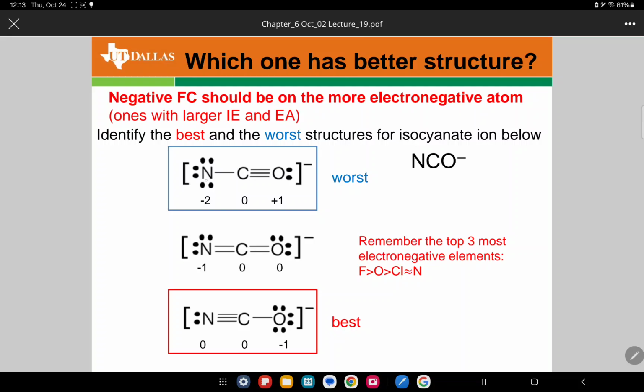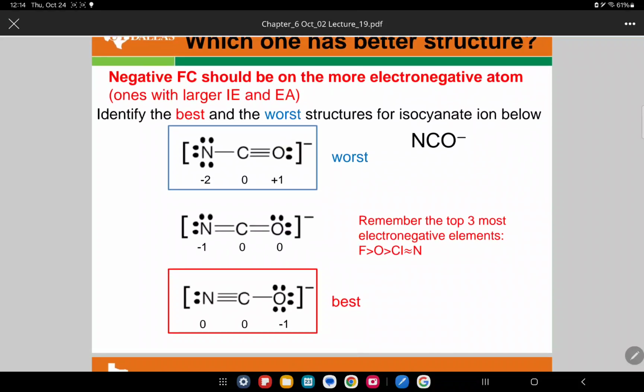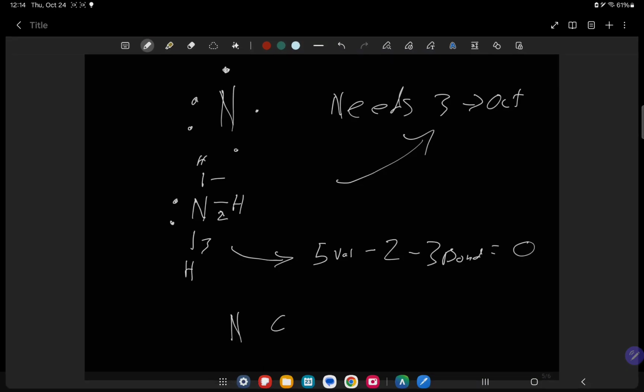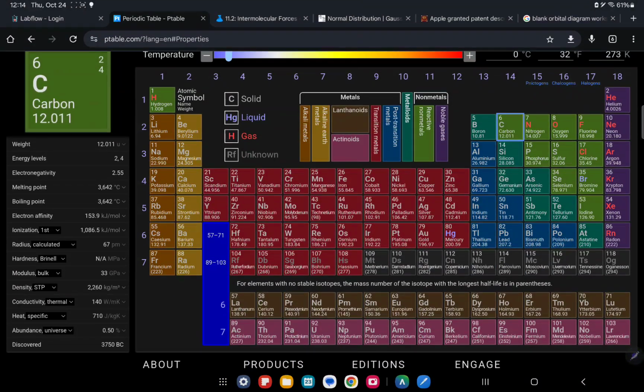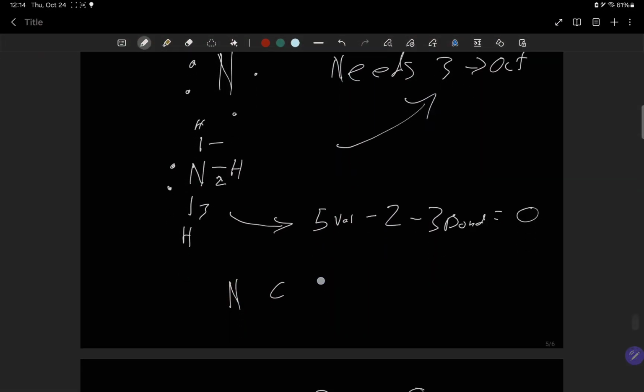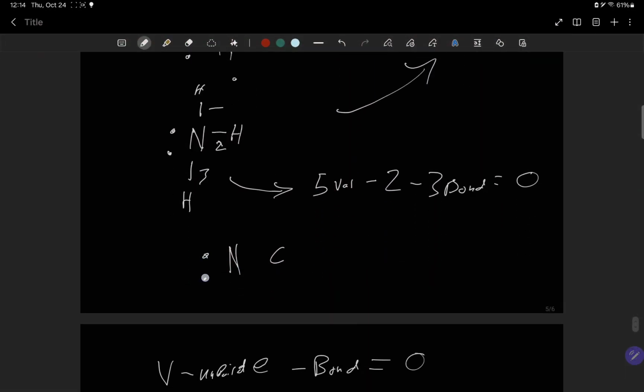So this has an octet, but if we take the 5 valence electrons, I'm just going to just copy that down actually. And see. So it looks something like this. 2, 5, 6, and 7, 8.